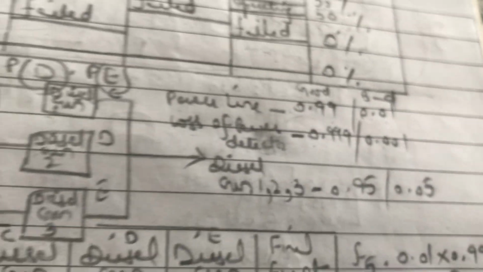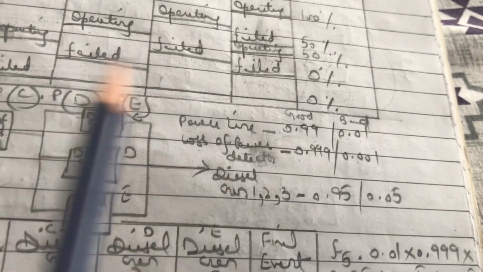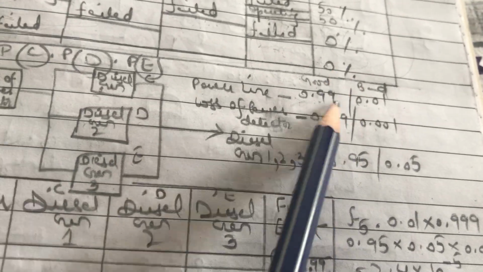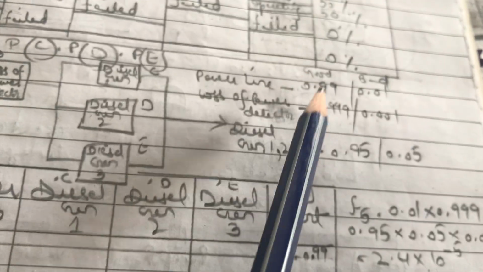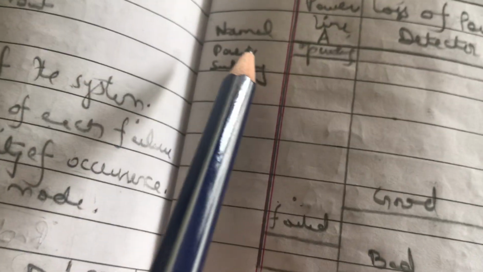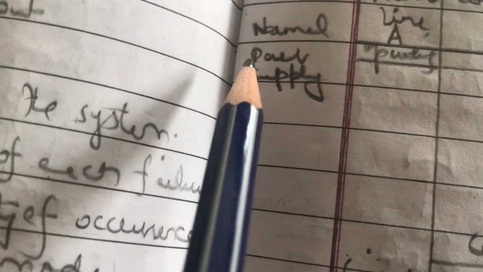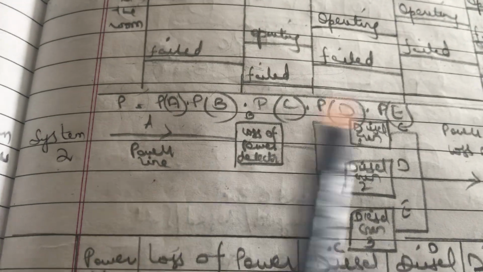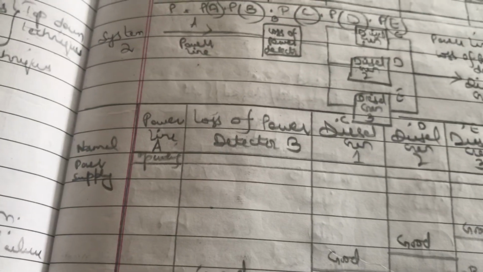Got it? Okay, so now we have been given the probabilities, and we have to find the final probabilities. So how can we draw our table for this? First, we say that we have a normal power supply. So the system is for our normal power supply.